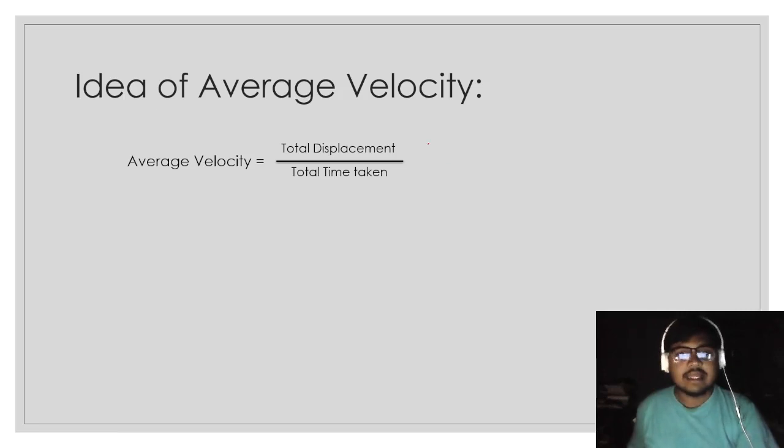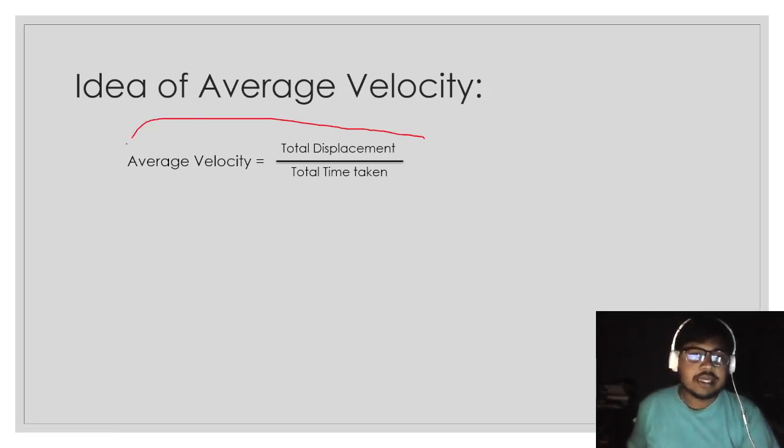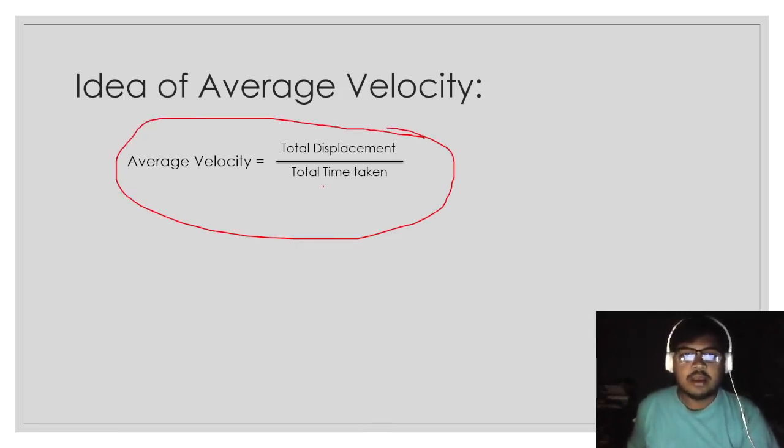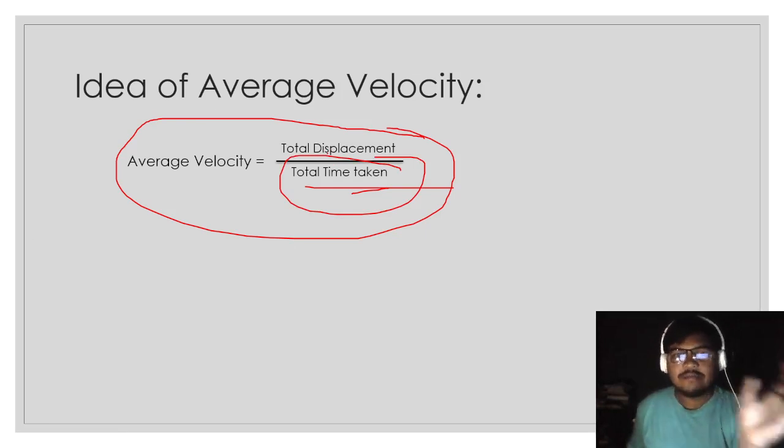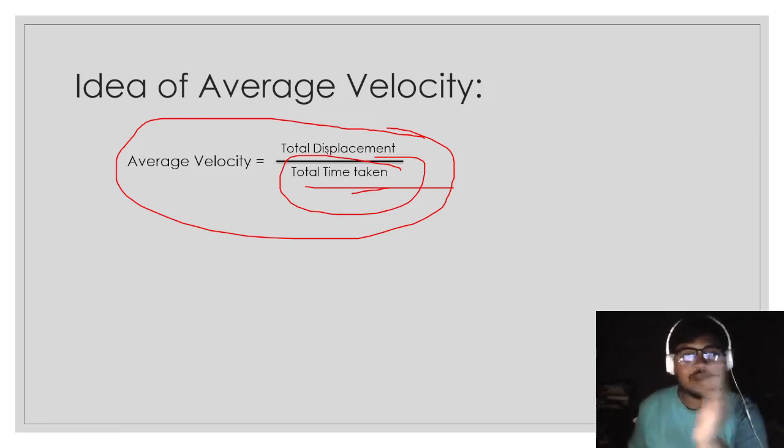We already said that average velocity is total displacement divided by total time taken. Now we have to calculate the total time taken. Actually, we haven't done that before. We just took the average of the velocities and called that the average velocity, but that is not true.